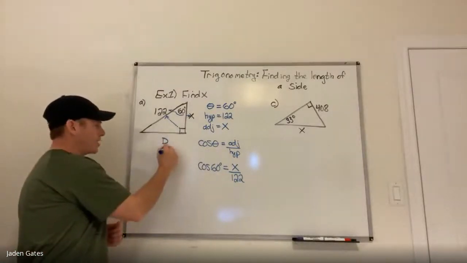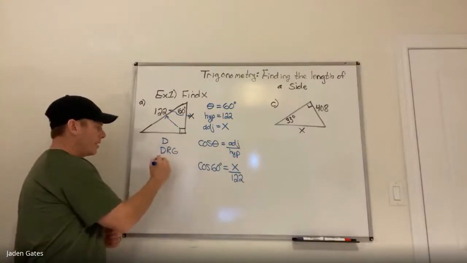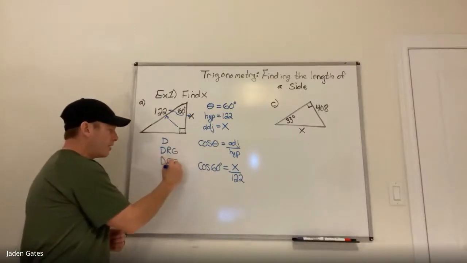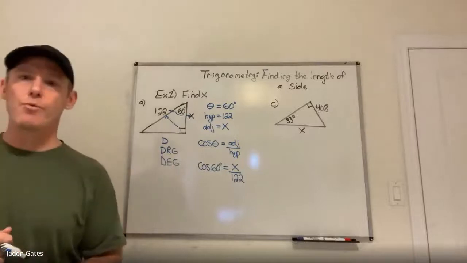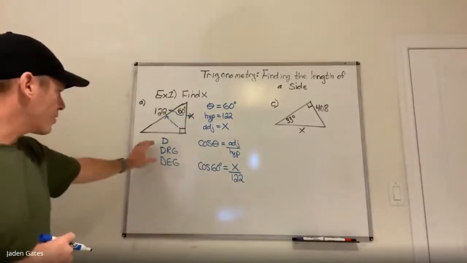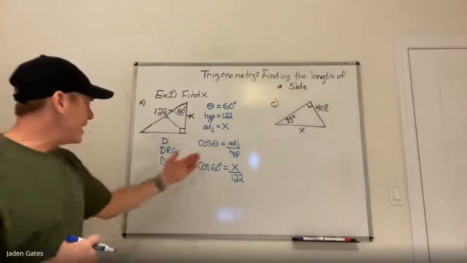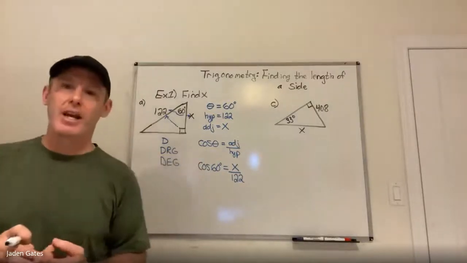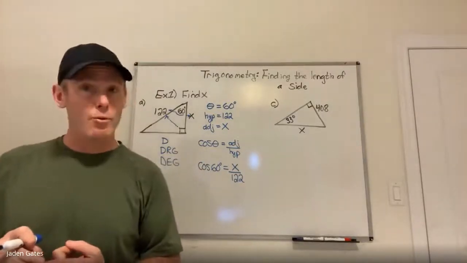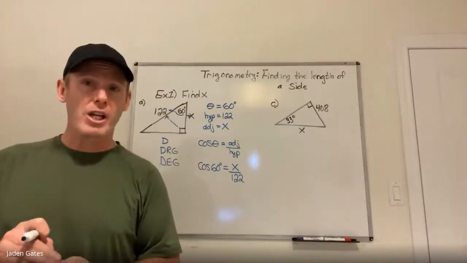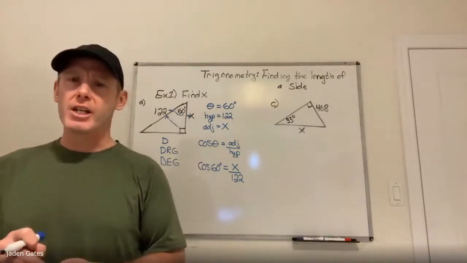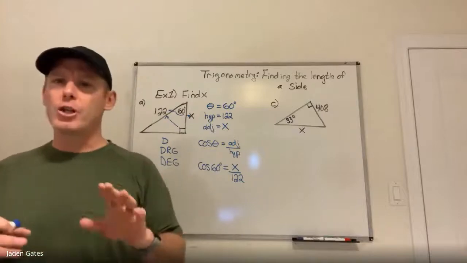What are the other ones I've seen? DRG, DEG. Those are all the things that you want to have. That's the mode that you want your calculator in. It needs to be in degrees. Now, if it is in the right mode, it doesn't say the other ones: RAD, radians, gradients, GRAD or GRD. There's a lot of different ones.